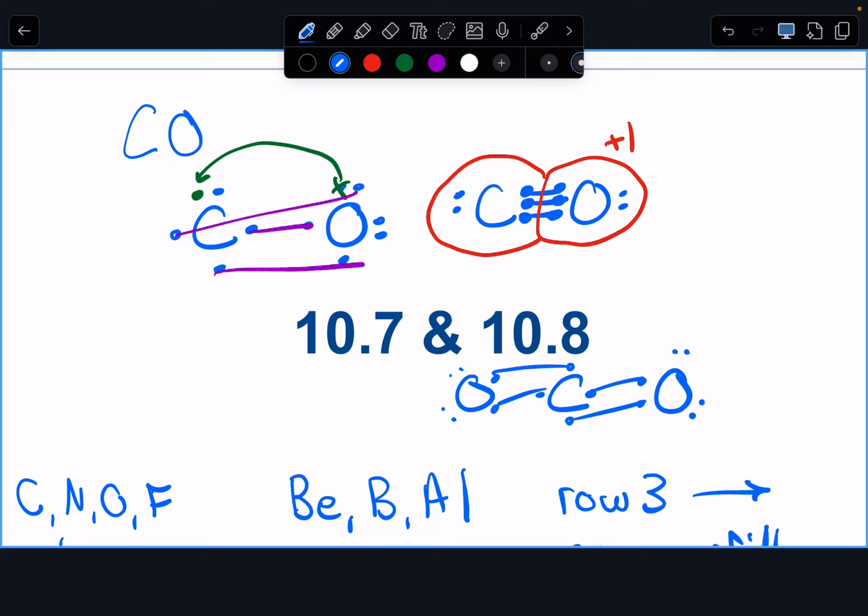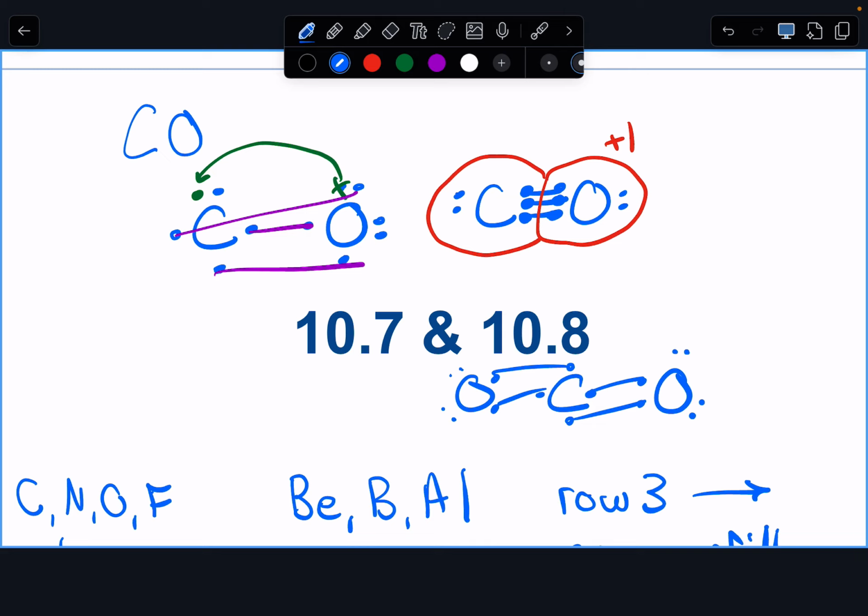It just got bonded with the oxygens, and all the electrons stayed right where they were. So if they stay right where they are, then it's a zero formal charge. We'll do that on CO2 in a second, but let's just hone in on carbon and oxygen in this one for now.